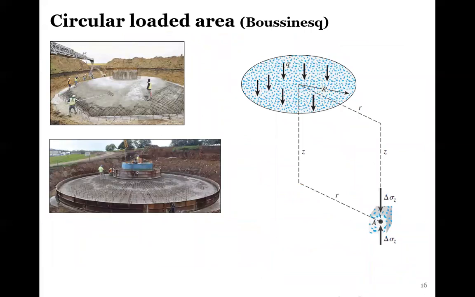Although rectangular loading is much more common, who thinks why rectangular loading is more common for structures? Anyone want to take a guess? Yeah, exactly, 2x4s come in straight lines, not in circles.